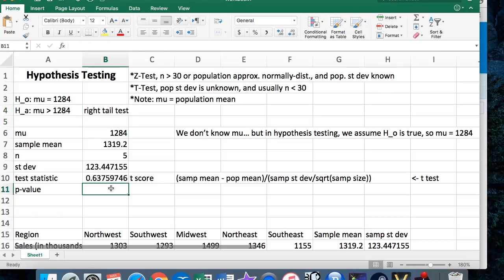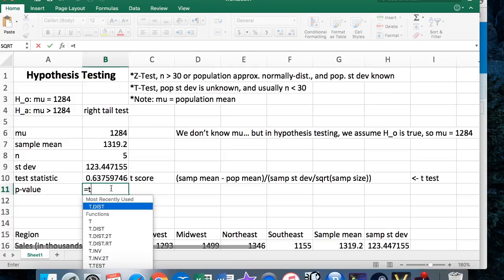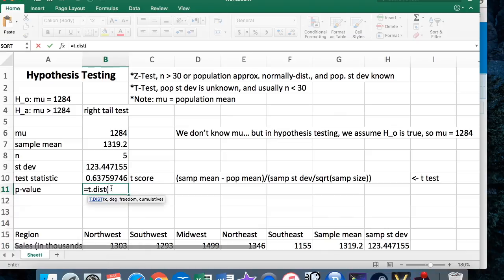So in other words, for our p-value, we have to find the area to the right. Now we're used to using norm, right? Like norm.s.dist, norm.s.inverse. But for a t-score, you have to use t. So you use t.dist to find this probability.